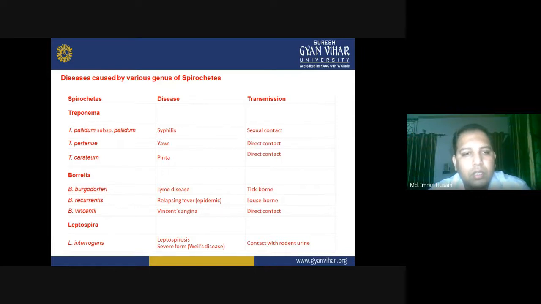Treponema carateum causes pinta, by direct contact. Borrelia burgdorferi causes Lyme disease, tick-borne. Borrelia recurrentis causes relapsing fever, louse-borne. Borrelia vincentii causes angina, by direct contact. And Leptospira interrogans causes leptospirosis, with a severe form called Weil's disease, through contact with rodents' urine.